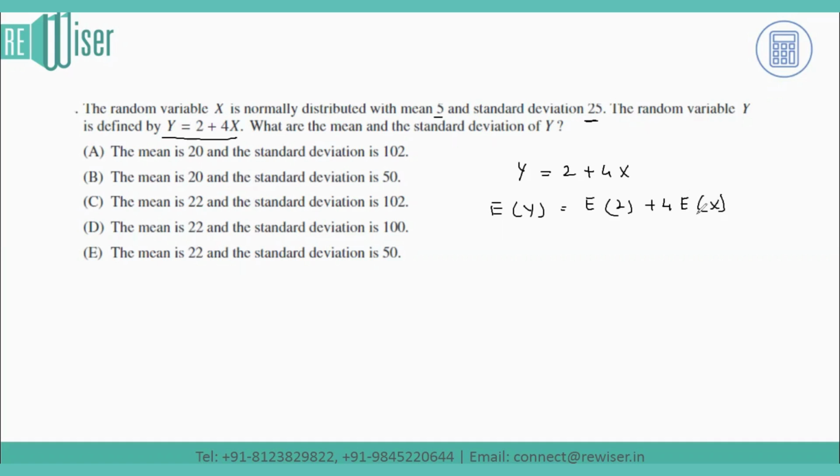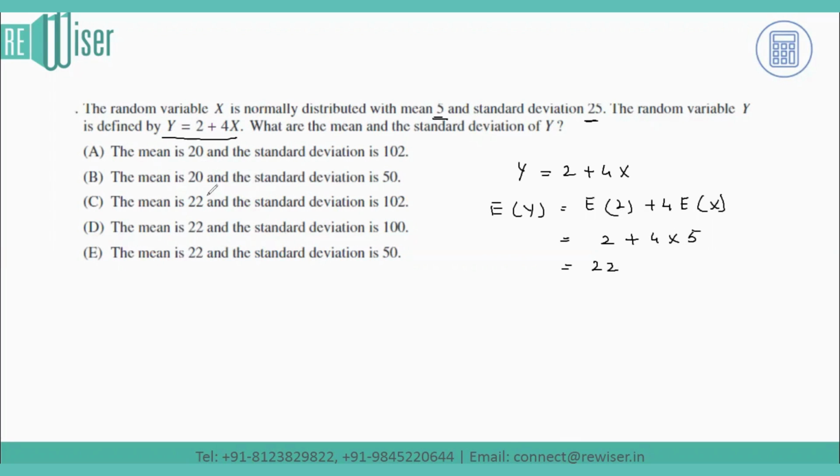The expected value of x is nothing but the mean of x, which is given as 5. So the expected value of a constant 2 is 2 itself, plus 4 times the mean value of x, which is 5. So the expected value, or the mean, of y is 22.